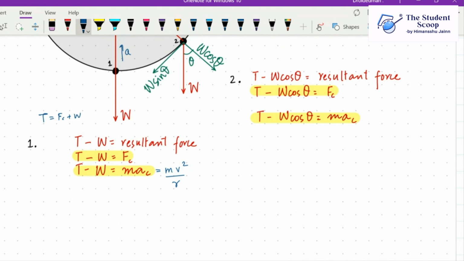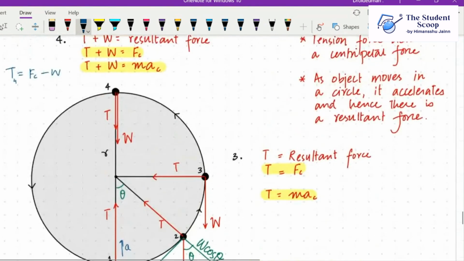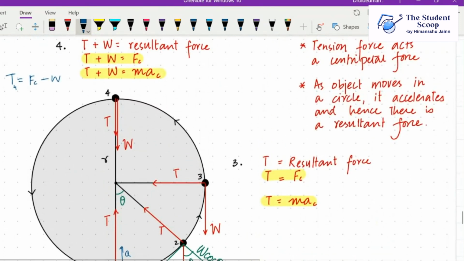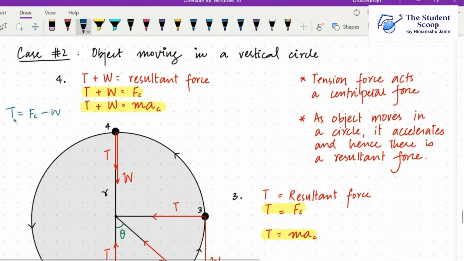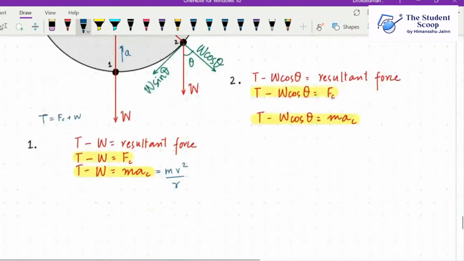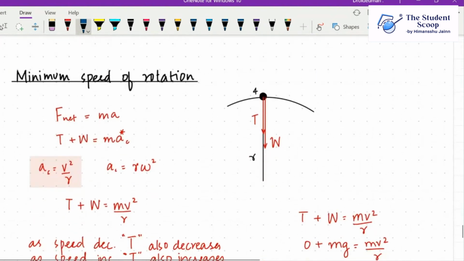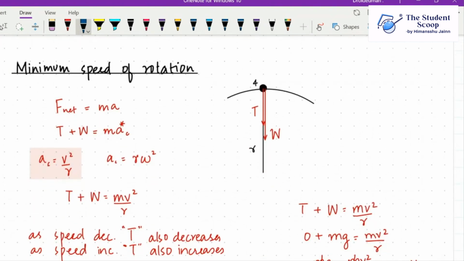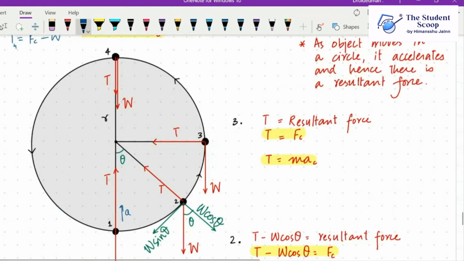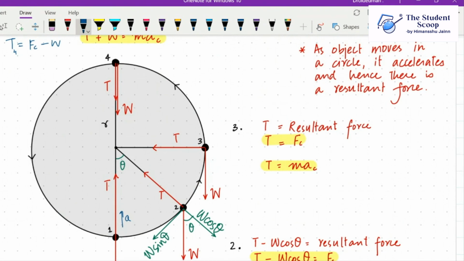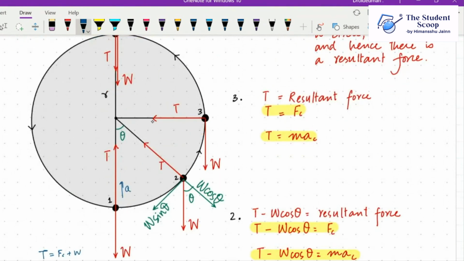You can see the equations. This is the case of vertical circular motion as well. Okay, we'll see an example of what will be the minimum speed, because here you can see that the resultant of these two is not towards the center, correct?